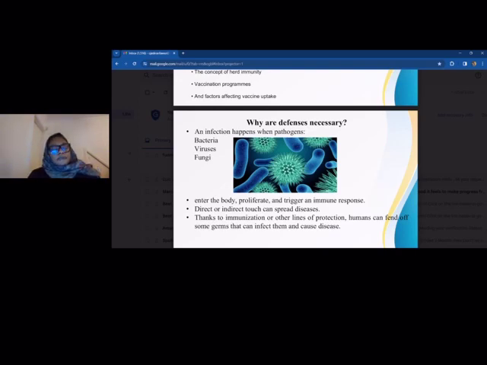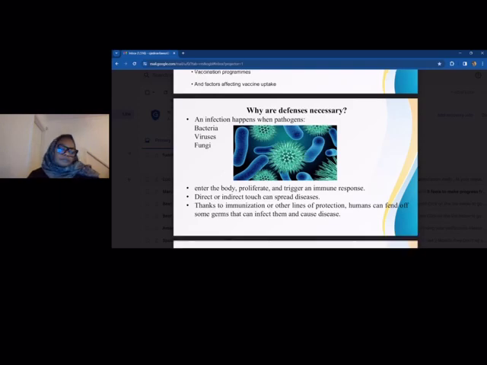We have the fungi. Fungi are responsible for surface skin conditions such as athlete's foot, and can also appear in the lungs or nervous system.